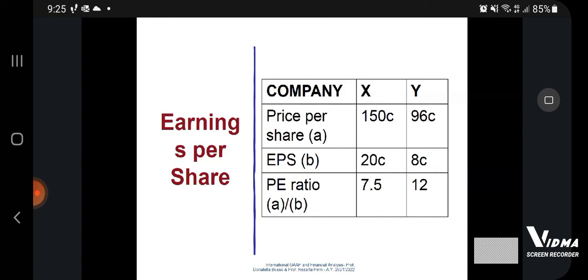Again, this is just to emphasize the importance of the earnings per share. Wherever you go and read some article on financial analysis, you would inevitably be encountering the P/E ratio. It is almost always used to analyze companies and to compare companies with each other. But please, use that with caution.